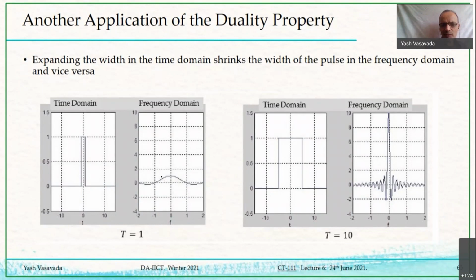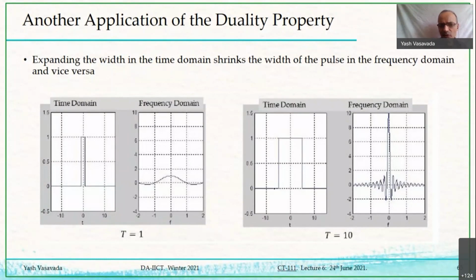And so in frequency domain, I have a spread out SINC shape. The spreading is by as much as 2 seconds, at least. The first time the pulse becomes 0 is at plus minus 1 second. So this is the SINC pulse, the Fourier transform of this narrow rectangle in time domain.